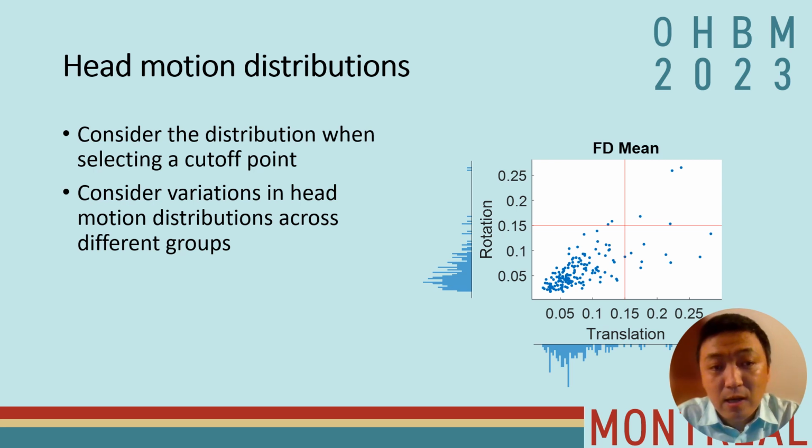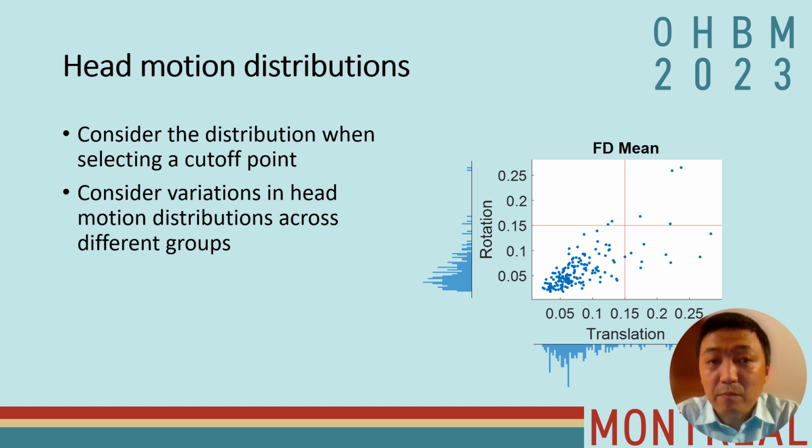And also, if we have different groups of subjects, we need to consider whether those different groups may have different characteristics or distributions of head motion profiles. For example, if we study children or children with ADHD, they must have much larger head motion in general compared with typical controls. We need to consider that, and then determine a threshold to remove subjects.